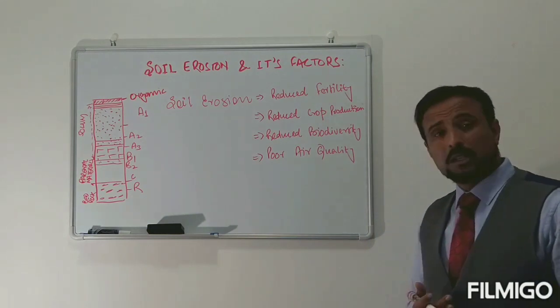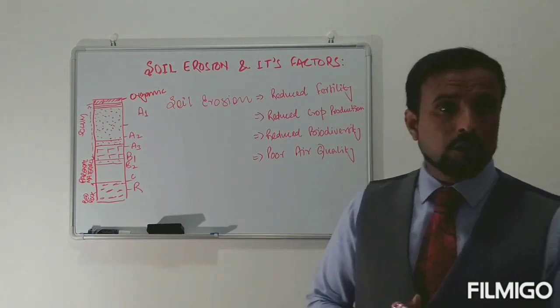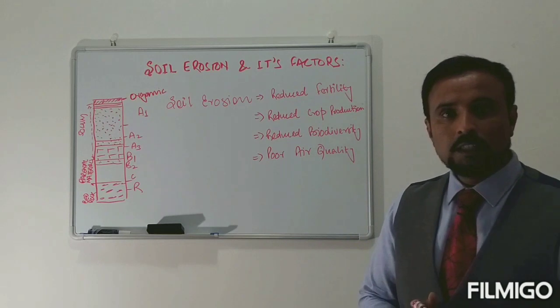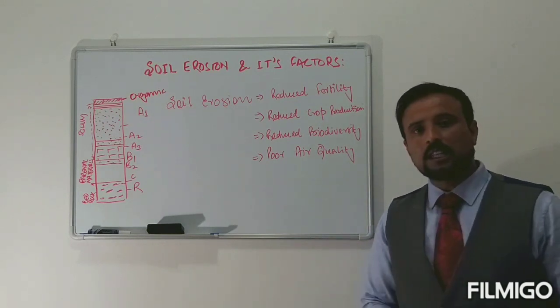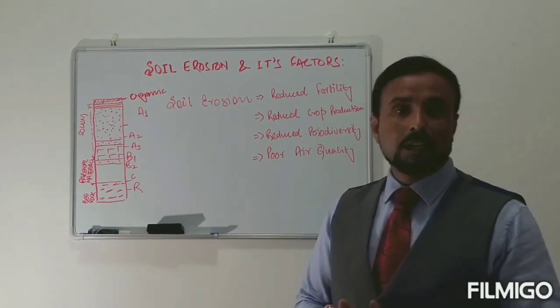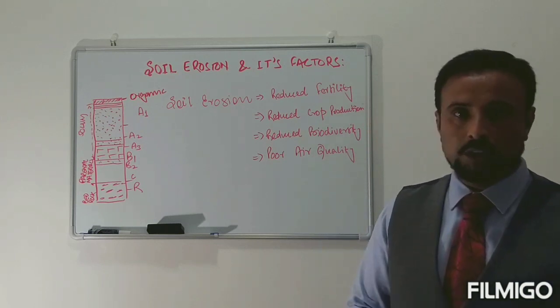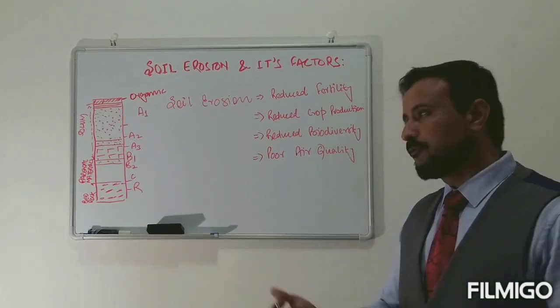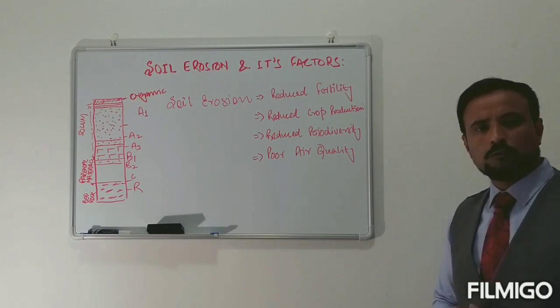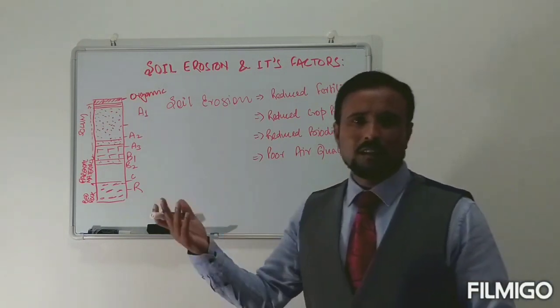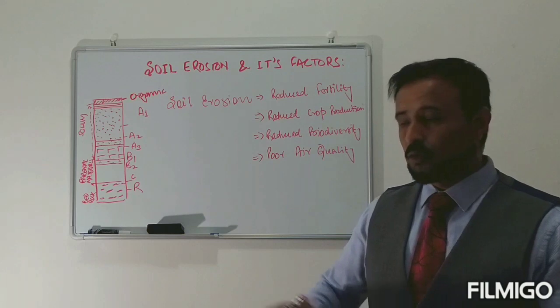So it's very important for us to maintain the soil, manage the soil properly, so that better irrigation facilities can be applied to soil to make it more productive, right?